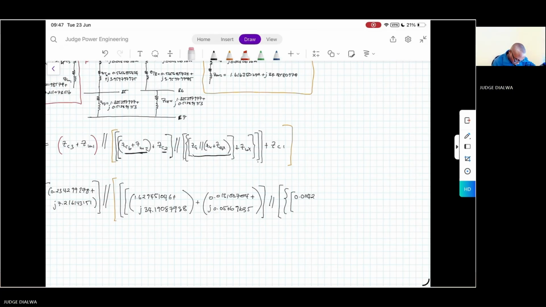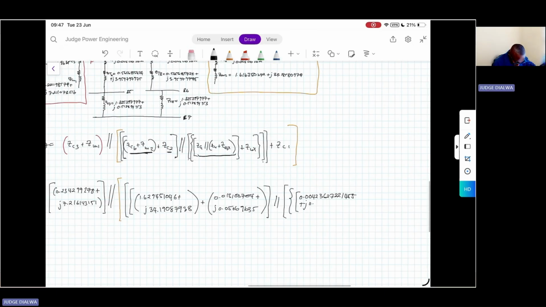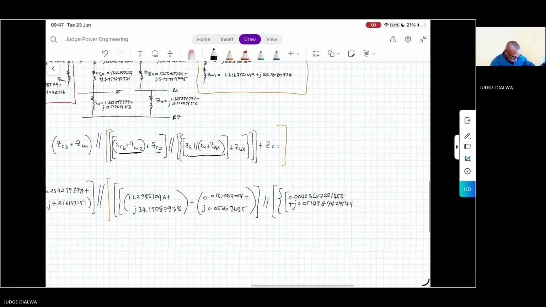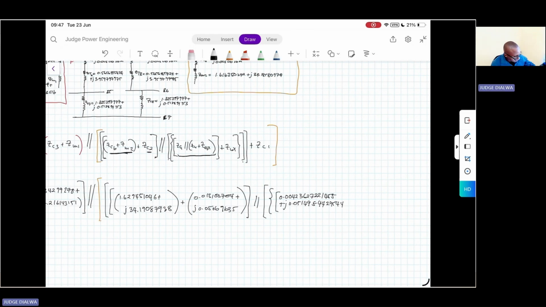Yes, we calculated it in our previous step, so that should be 0.0423627221455 plus j0.0514954429544, right?